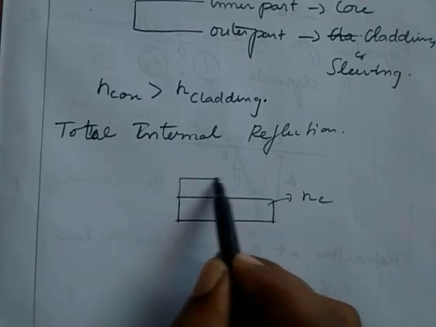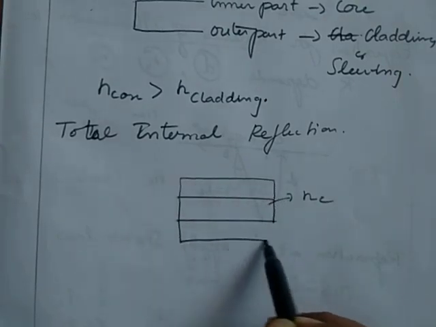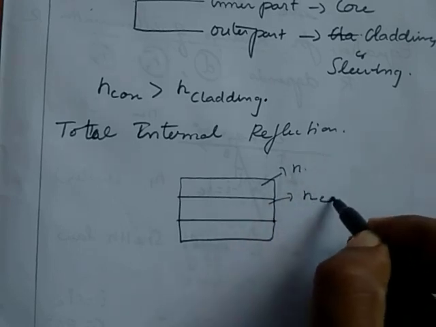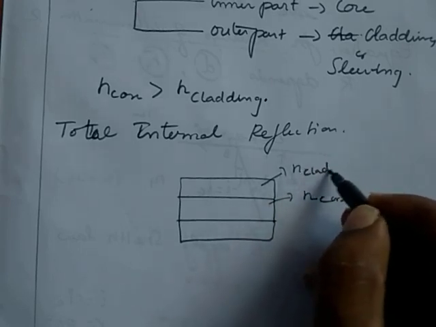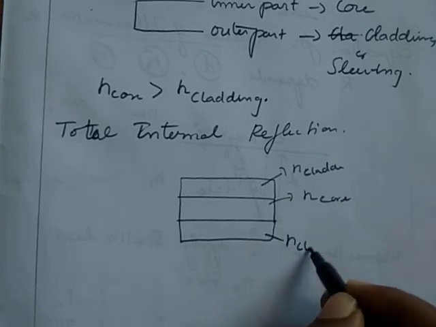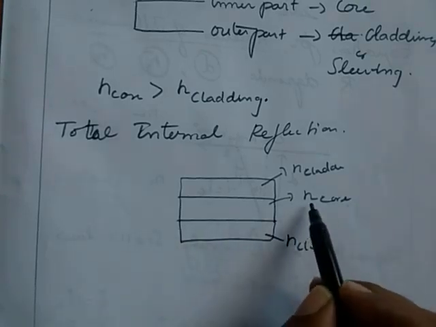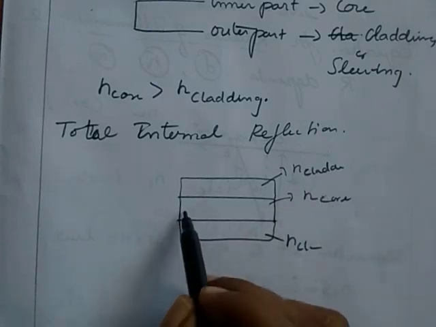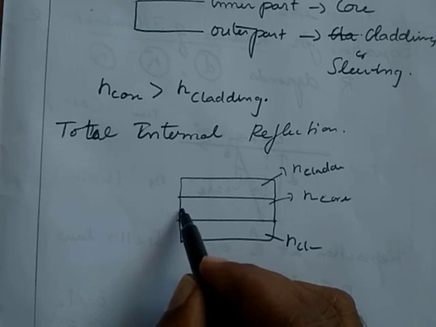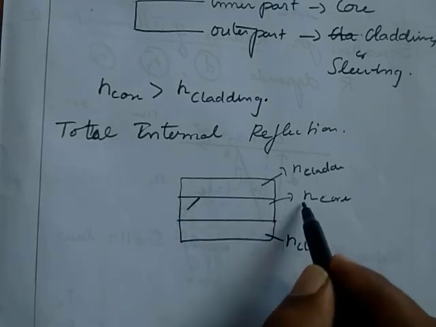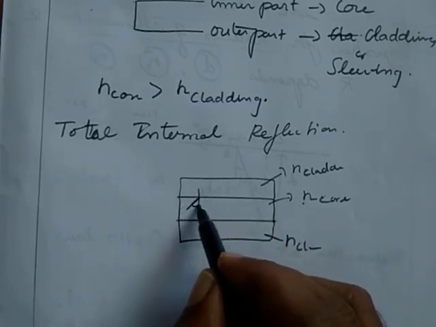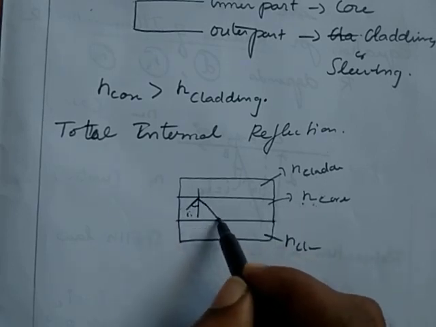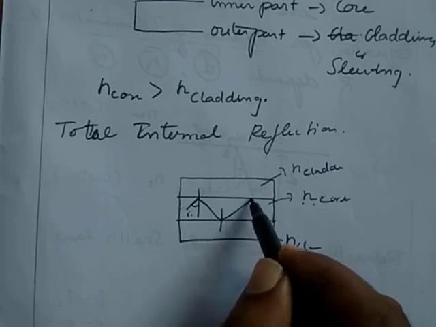Here it is a cladding having the refractive index n. Core, cladding. Here we know the condition is refractive index of the core is greater than refractive index of the cladding. We have to make the light incident in the core cladding interface at an angle greater than the critical angle of the core. At that instant there will be a total internal reflection of light.